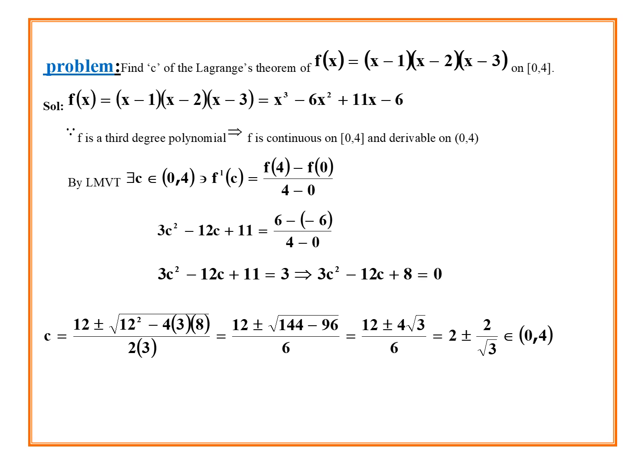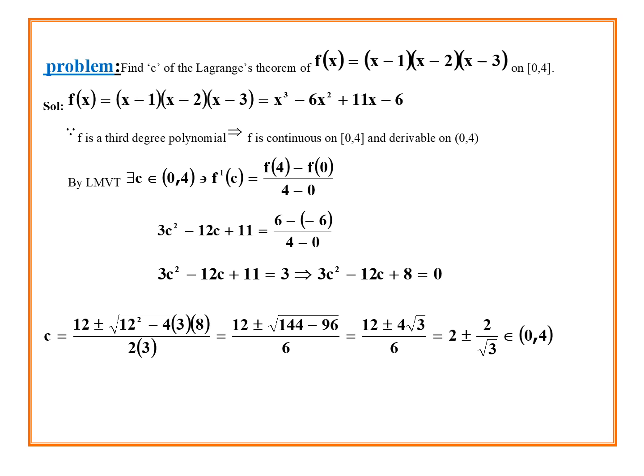That implies f is continuous on the closed interval 0, 4, and clearly f is derivable on the open interval 0, 4. Now we have to prove that by Lagrange's mean value theorem there exists an element c belonging to the open interval 0, 4 such that f dash c equals f of 4 minus f of 0 by 4 minus 0.